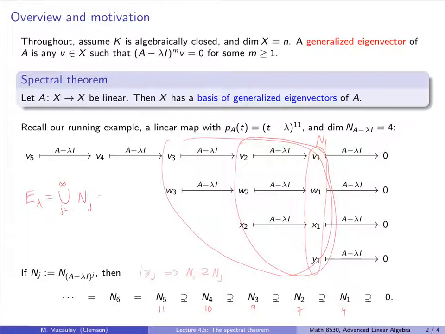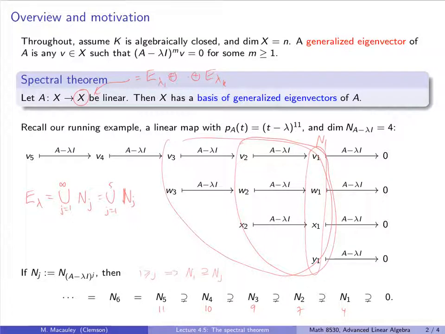Obviously this is, in this case, equal to the union from j equals 1 up to 5 of nj, because we don't ever get anything by going beyond 5. So the spectral theorem, where we are going with this, is we can always write X as a direct sum of eigenspaces, or as I call them, generalized eigenspaces, E lambda 1 up to E lambda k, where these are the distinct eigenvalues.